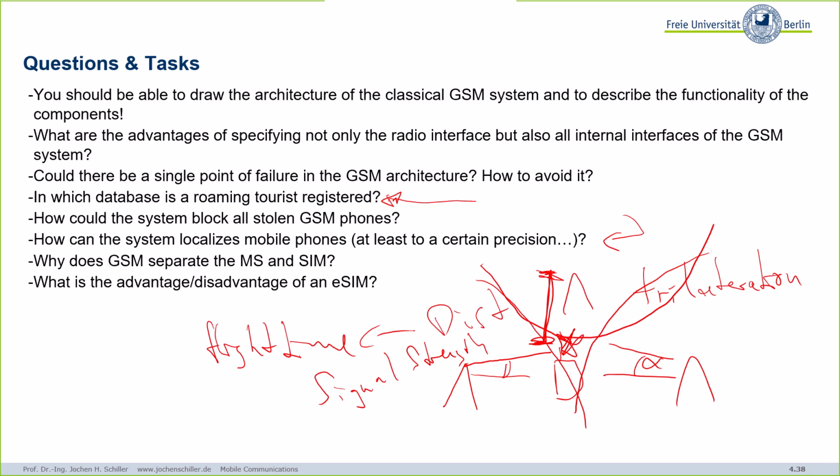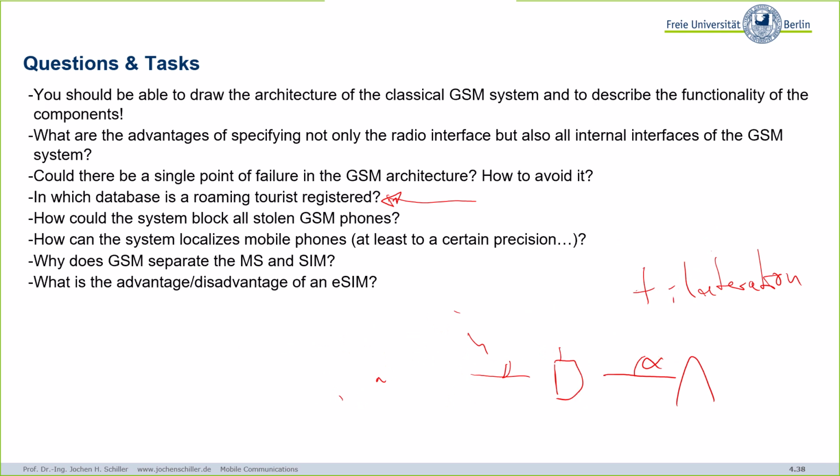So that's a problem. In the end, the only thing we can do with a simple GSM system without additional help is, we know at least from a mobile phone the distance.